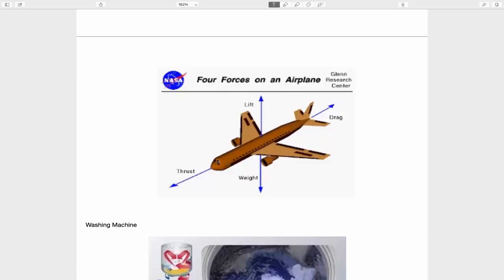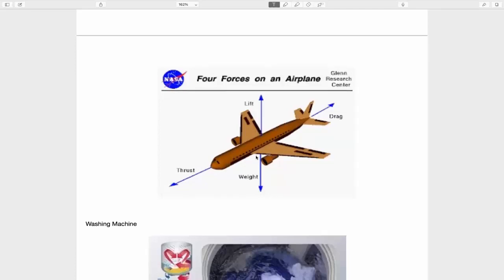The engines provide thrust to the aeroplane, and due to this thrust fluid flows through the wings. I will tell you what thrust is as we go along in this lecture. As the fluid flows through the wings, it provides a lift to the aeroplane, and due to this lift the aeroplane starts flying to another altitude.